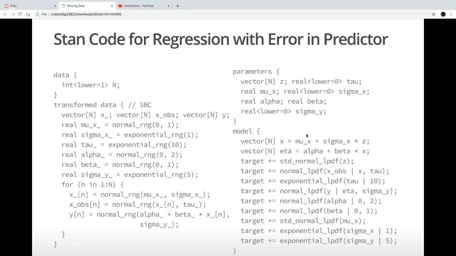Those sorts of techniques where you declare in the parameters block a standardized version of the parameter, and then in the transformed parameters or the model block, you unstandardize it by scaling it up, shifting it over. Those are the sorts of things that make it easier to get a good effective sample size with a relatively small, a few thousand, nominal draws from this posterior distribution.